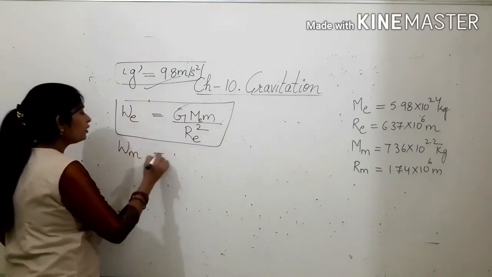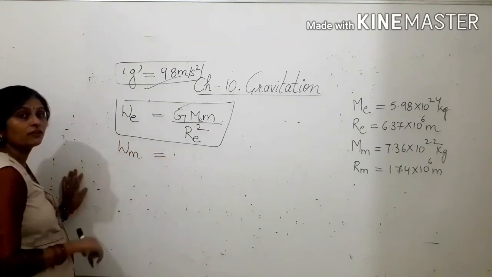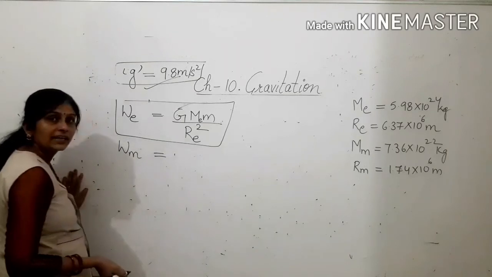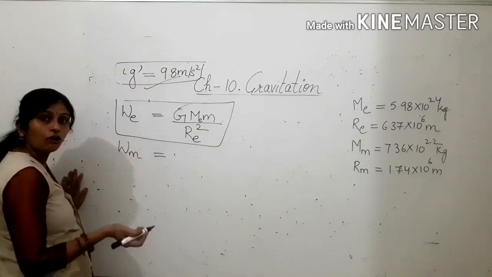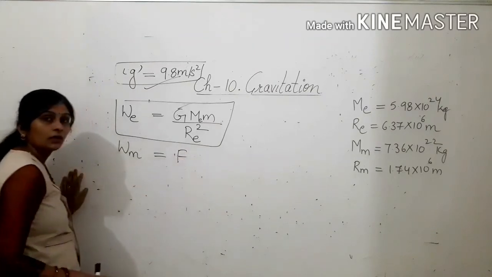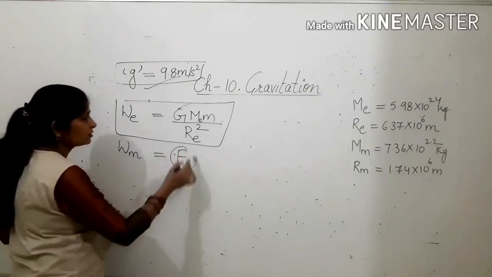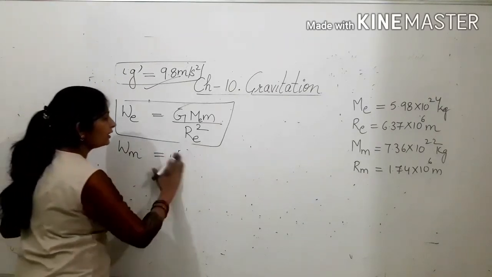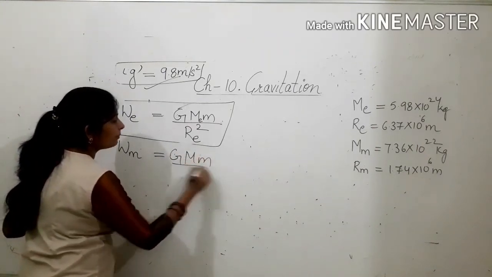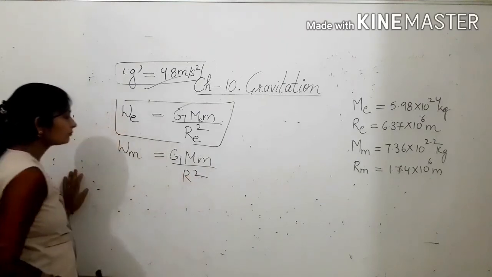Now the weight of the same object on the surface of moon, Wm, is equal to the gravitational force of moon on that object. So weight is equal to gravitational force. This force is substituted with G Mm into m upon r square.